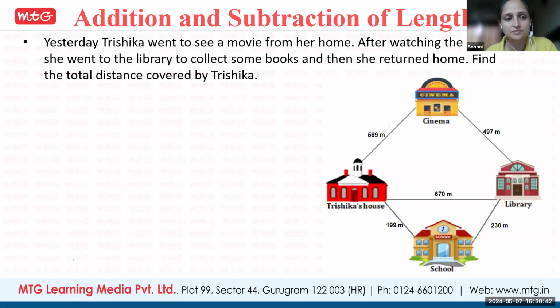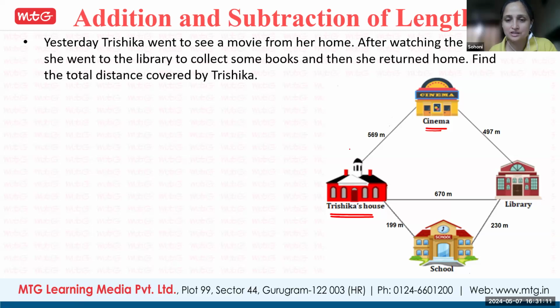So the question is, yesterday Trishika went to see a movie from her home. Movie means cinema hall. So from her home, so home is this. After watching the movie, she went to the library to collect some books and then she returned home. Find the total distance covered by Trishika.